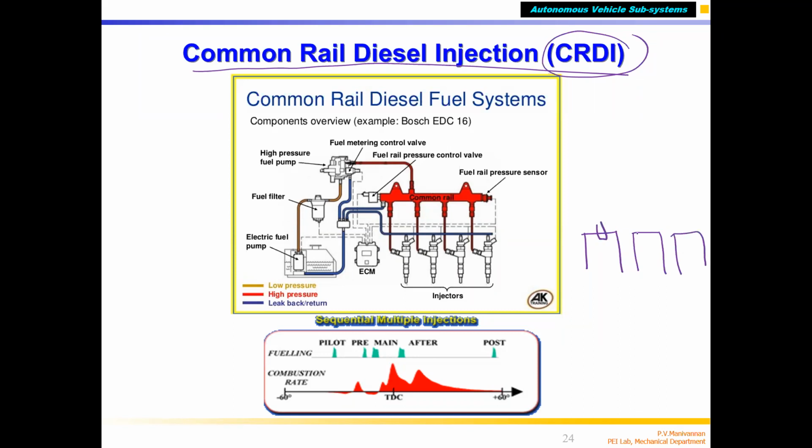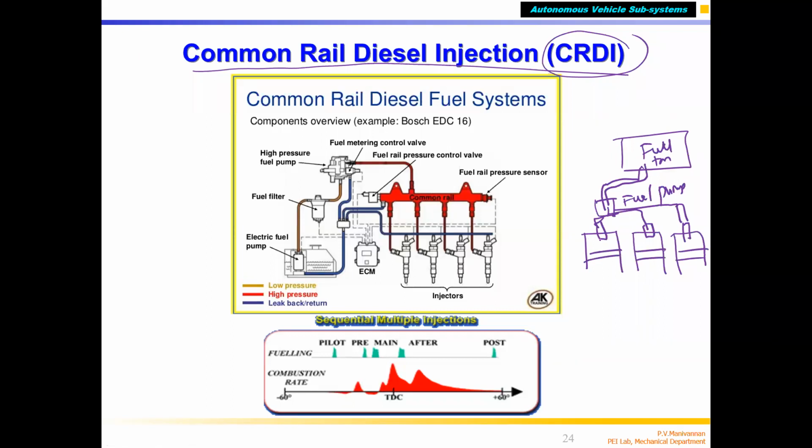That means you will have 4 injectors, and there will be a fuel tank, in which diesel comes directly to the pump, correct? That is called the fuel pump. It just sucks the fuel and sends it to the individual injectors, correct? So for example, 3 cylinders, there are 3 injectors.